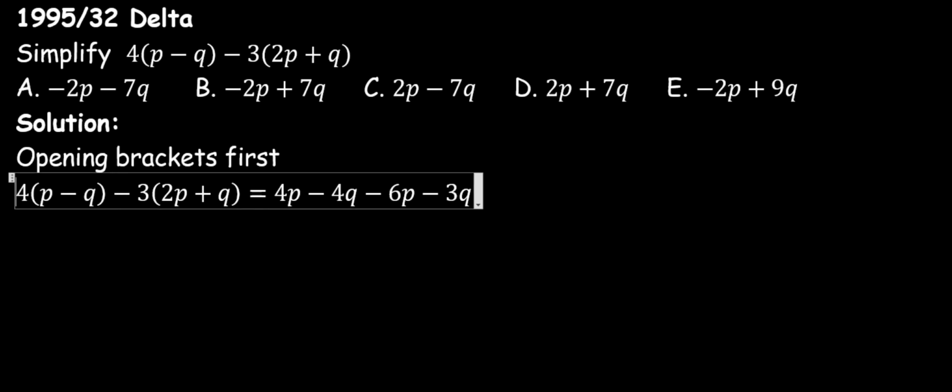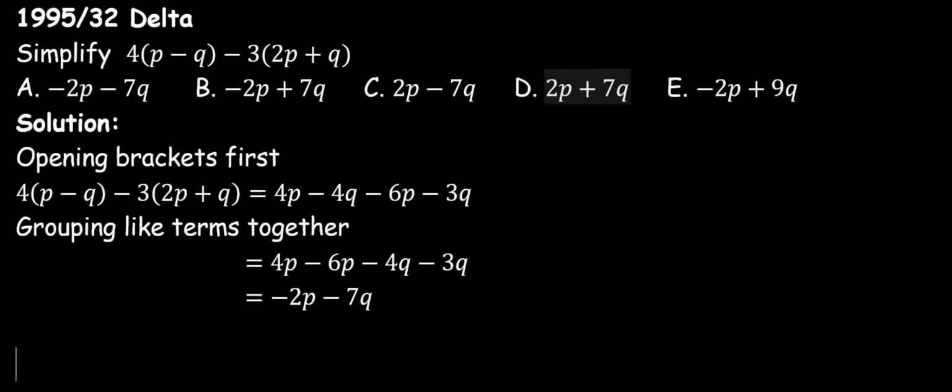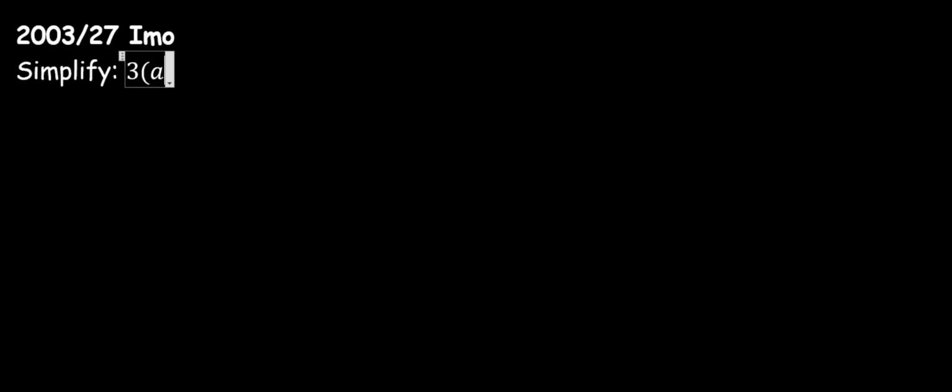Next, grouping like terms together, we have 4p minus 6p minus 4q minus 3q, which will be equal to minus 2p minus 7q.